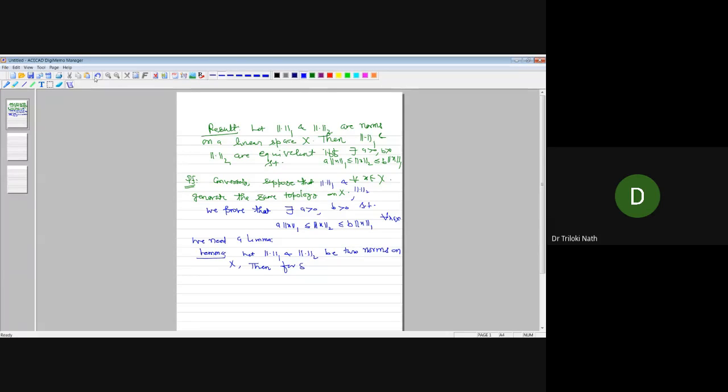B1(0,1) is contained in B2(0,delta) if and only if norm of x with respect to 2 is less than or equal to delta times norm of x with respect to 1, and this is true for every x in X. So this result will help us prove the converse part.